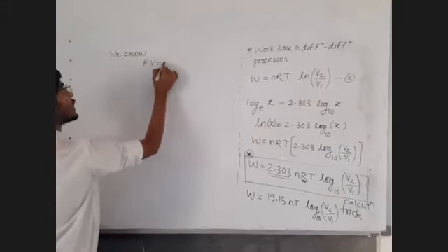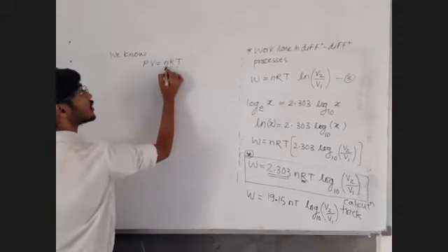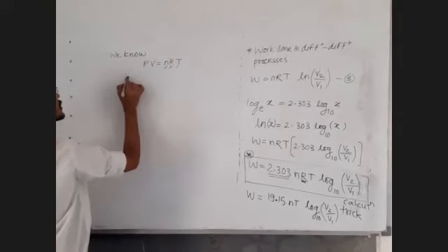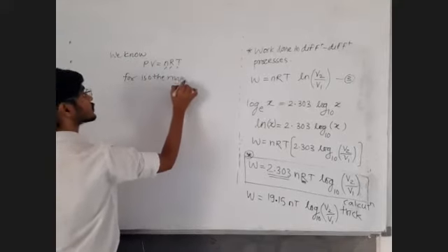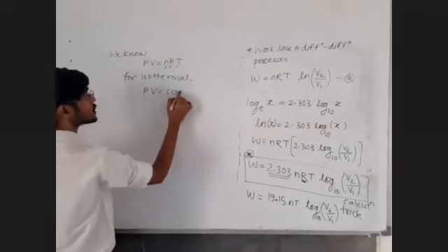PV is equal to nRT, but T is constant, R is constant, n is constant, for isothermal process. So PV is going to be a constant value.